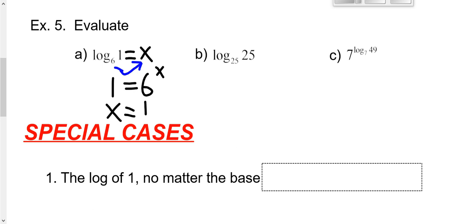Okay, so now next one. Well, I hope this is a piece of cake. Remember what I taught you guys before? This would cancel out. So anyway, let's play dumb.